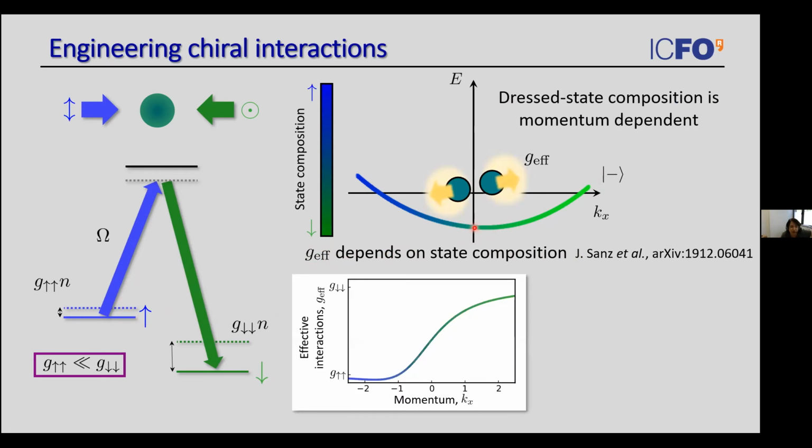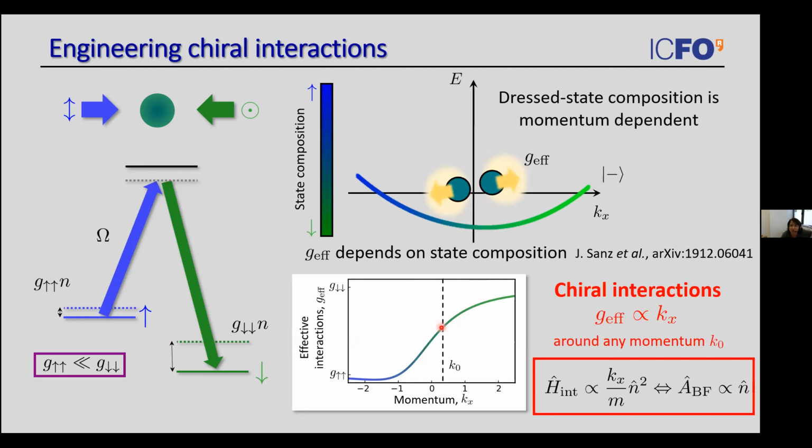And then if you put the two ideas together, you see that the effective interactions change with momentum. And you can see that if you put yourself somewhere in this curve, and you remain at small momenta around this point, then interactions will be proportional to momenta, because this is linear. So we can expect chiral interactions in this system, which, as I just showed you before, is the same as having a density-dependent vector potential.